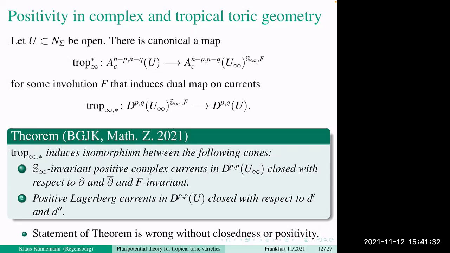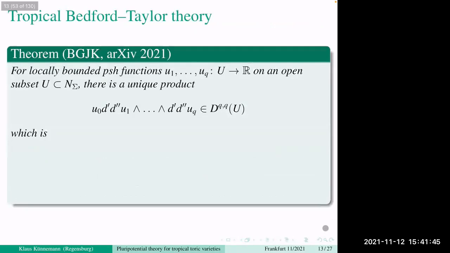If you use this, then you can compare the tropical and the complex picture, and you can prove the theorem I mentioned before. You can also use this, or what we have done before, to do tropical Bedford-Taylor theory.